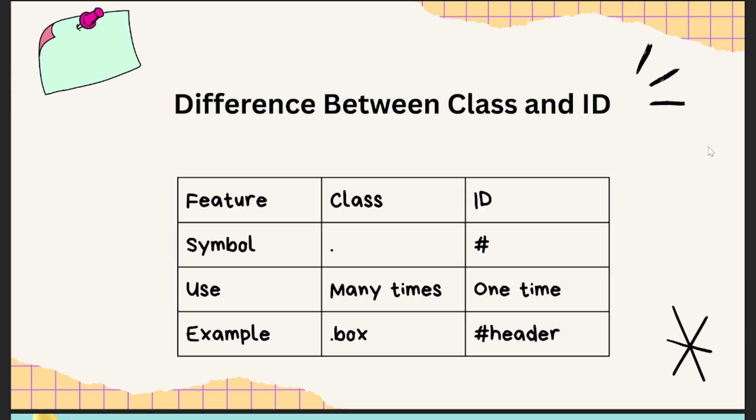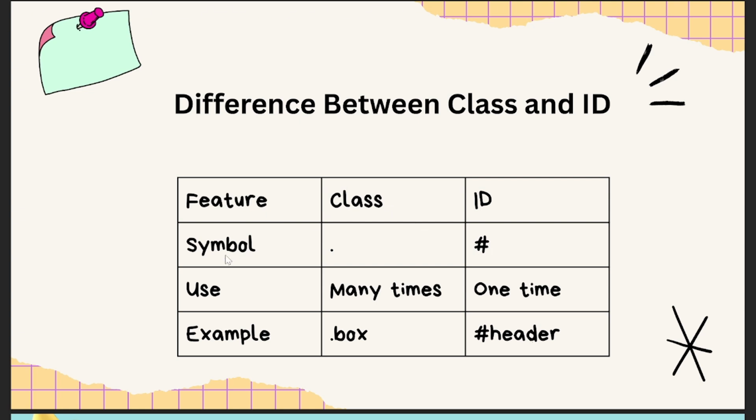Now I want to show you this table right here. Just like I explained to you, if it's possible, take a screenshot of this or jot it down, so that you know that whenever you give a class name and you want to style it in your CSS file, you start with a dot. And when you give an ID, you use a hash.